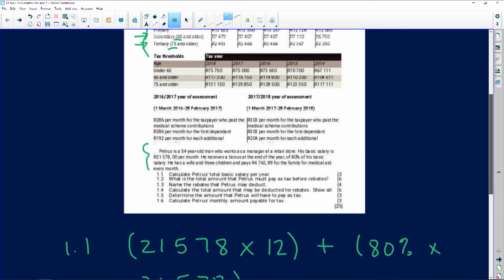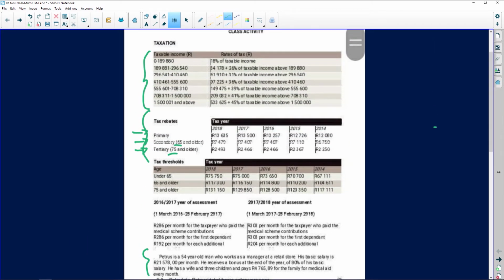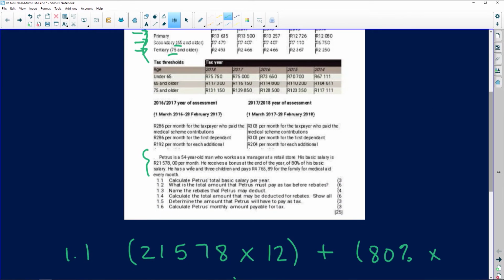We want to see which tax bracket this person is going to fall under. But before we can do that, are we told anything about this guy's medical aid? Yes, we are. This is the medical aid that he pays per month for his family. You do not get taxed on money that you pay for medical aid. I repeat, you do not get taxed.